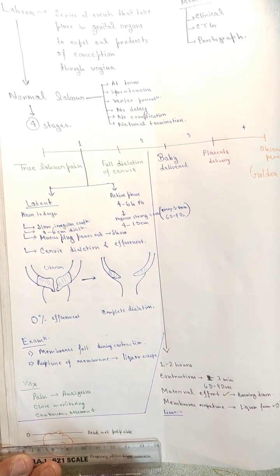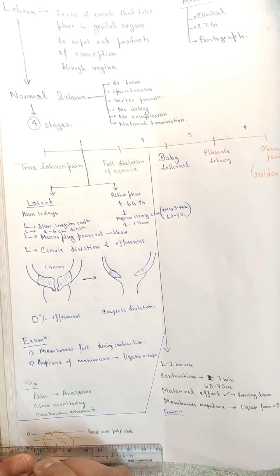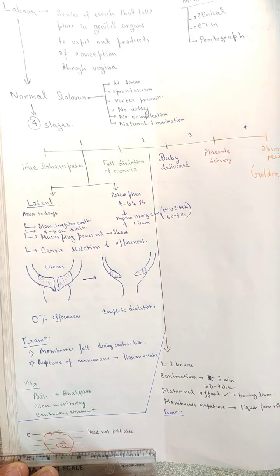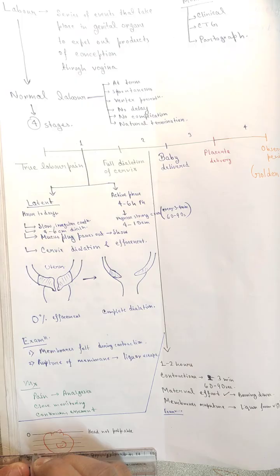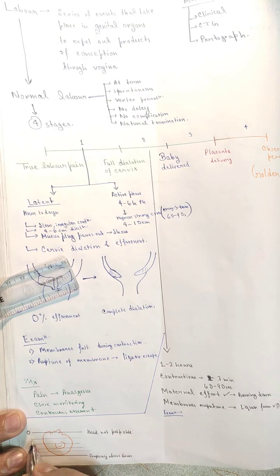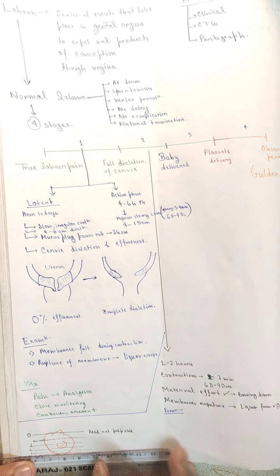Next 2, 3, 4. There will be no line like this. This is 1 above the ear. This is 2, this is 3, and this is 4.